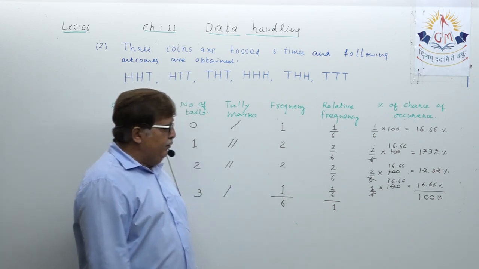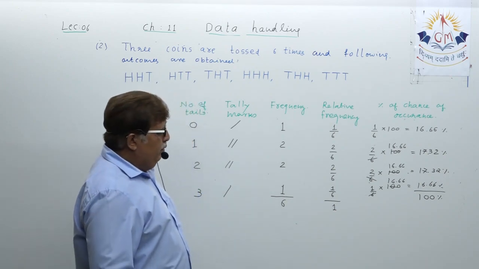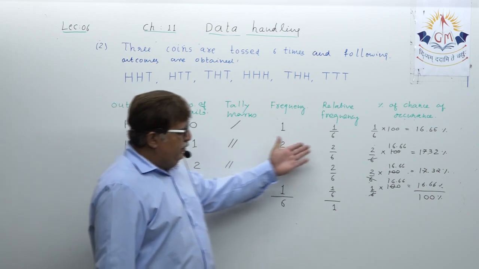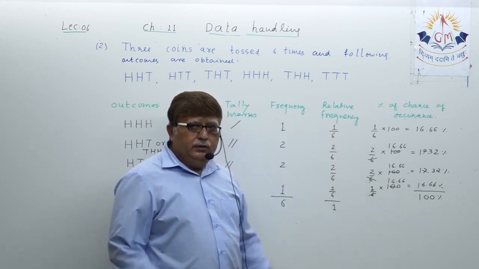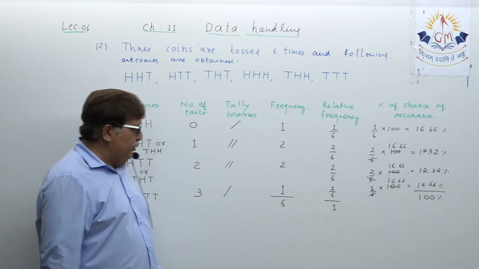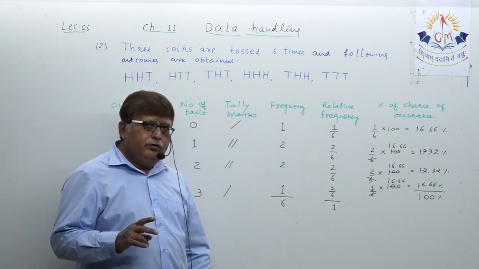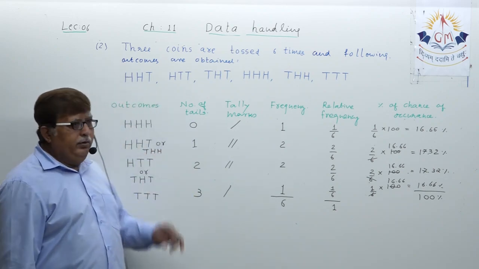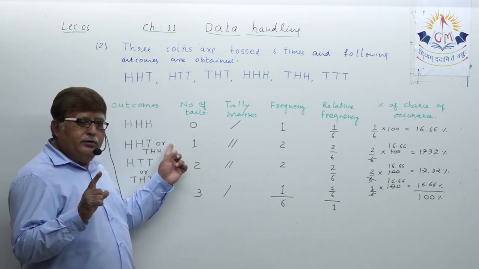If I ask you a question, which is the most probable outcome, getting one or two tails, because in both cases the percentages of occurrence are similar. So in an exam or test, if you are asked which are the most probable outcomes, how will you write the answer?